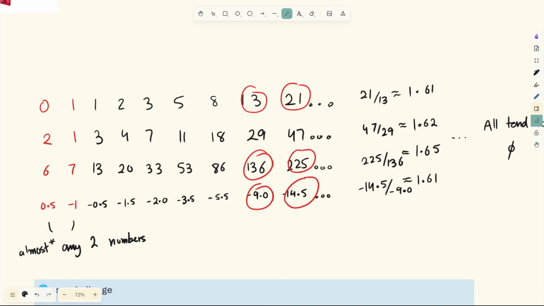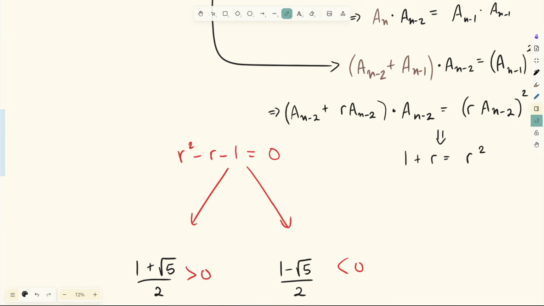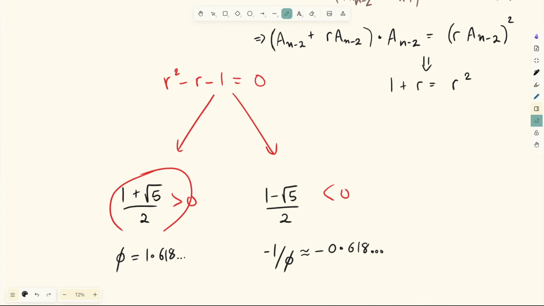So the ratio of these numbers better be positive, right? So all the series in our minds so far have the ratio being positive. And so this is the solution that we consider. And well, this happens to be the golden ratio. And so there you have it.